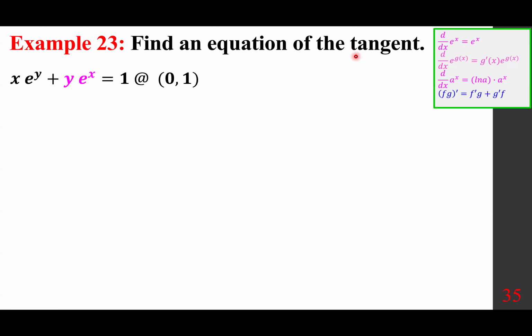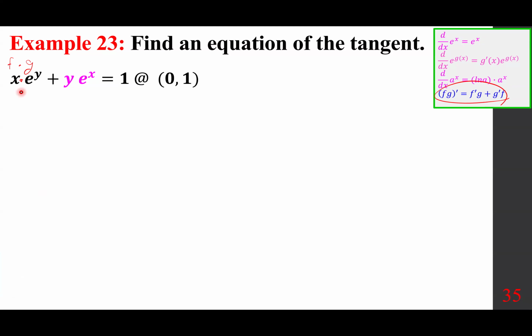In order to find the slope, we have to differentiate. To differentiate, we are going to go with implicit differentiation. This is the product of x and e to the power of y, and this is using f times g, the product rule.